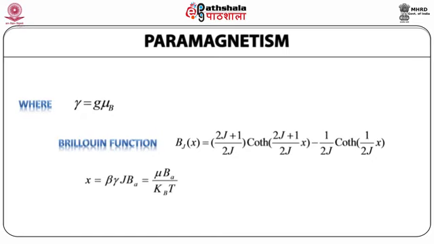Here of course this x value is beta gamma j into B, which is equal to mu B divided by kBT. So this is a Brillouin function which you may learn for the first time here, or maybe some of you might have learned it earlier also. This derivation one could actually try out, not very difficult. That's why I have not shown it here in the slides.